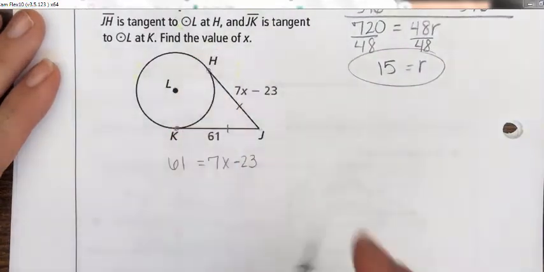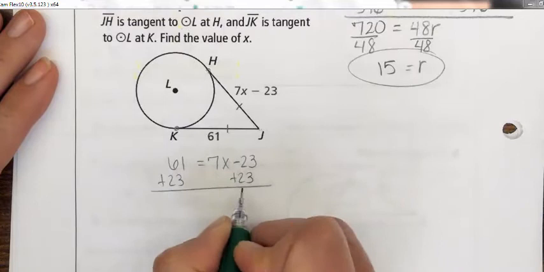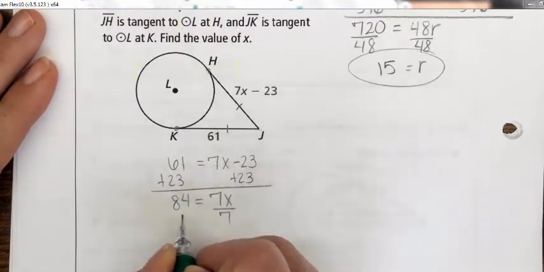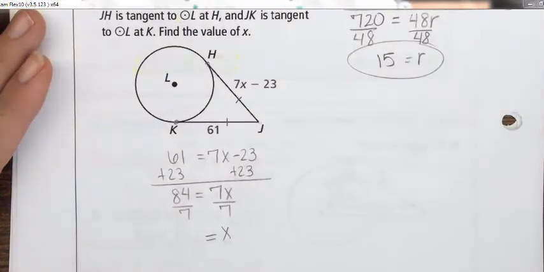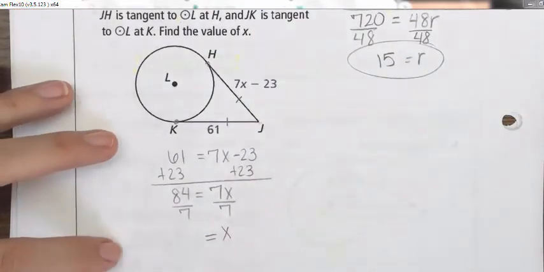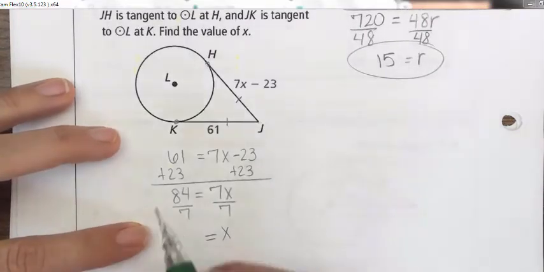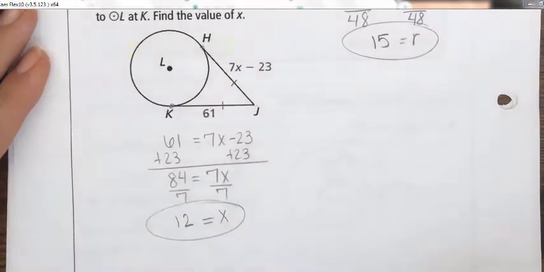They want me to find the value of x, so I'll add 23 to both sides. And then divide both sides by 7. 12. Let's see what I get. Yep. That's it. I don't have to do anything else with that.